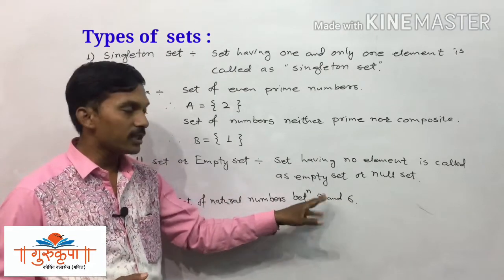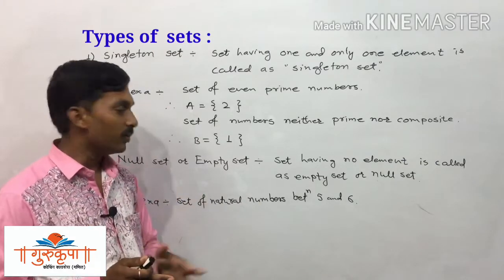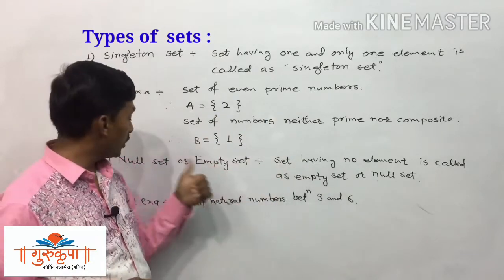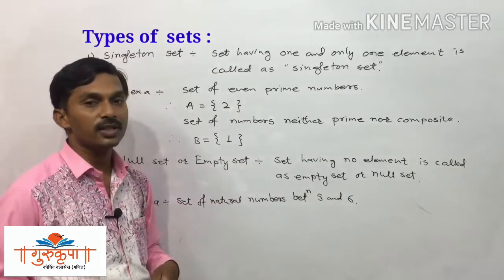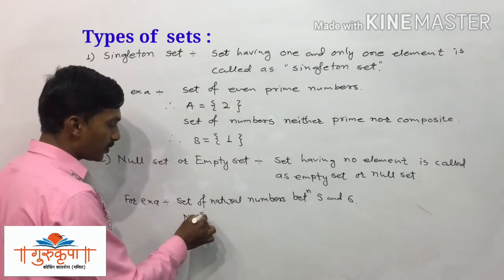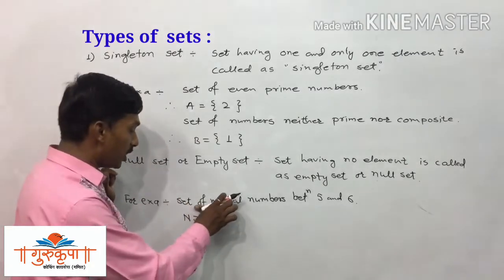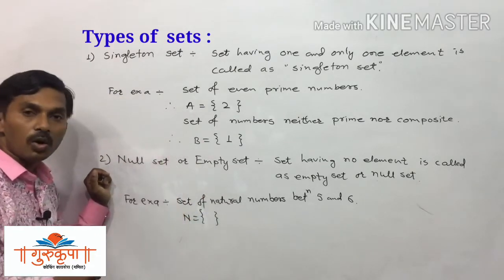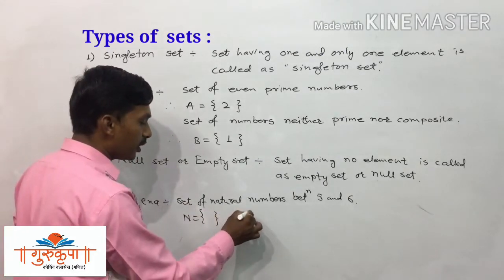In between 5 and 6 there is no natural number. We write a set which does not include any element, and that is called an empty set. If we try to write the set, N is equal to, in curly brackets, no element. We do not have any element, so that is called an empty set. N is equal to the empty set, or you can represent the empty set by using the letter phi.